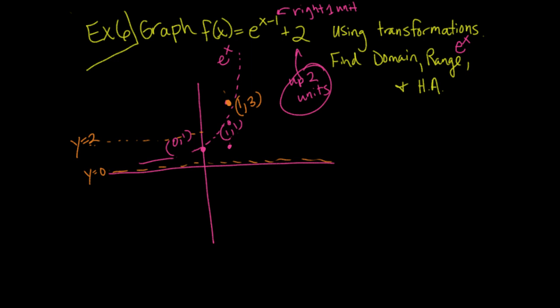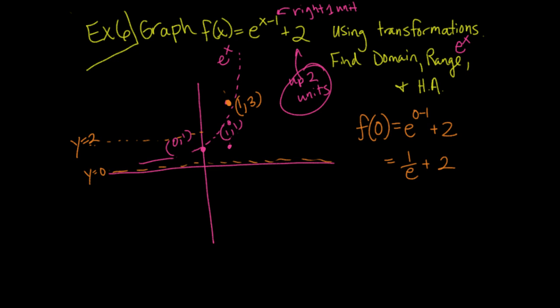Once again, you could find the y-intercept, but it still is going to be in terms of e. So f of 0 is equal to e to the 0 minus 1 plus 2. That's just 1 over e plus 2, which is 1 divided by 2.718 plus 2.